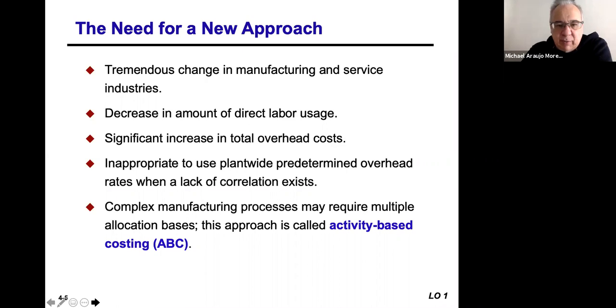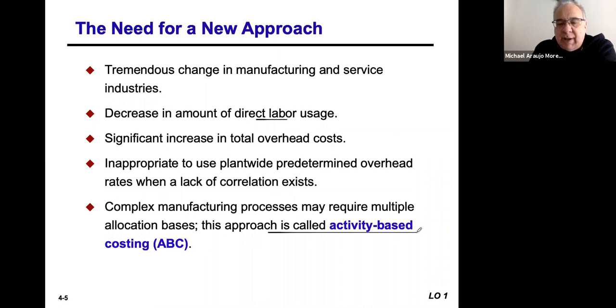That's the old way of doing it. This is all relatively new in the last 30, 40 years. It's accelerated. So basically speaking, using direct labor as a way to allocate overhead is just not a very good way of doing things anymore, because things have changed a lot.